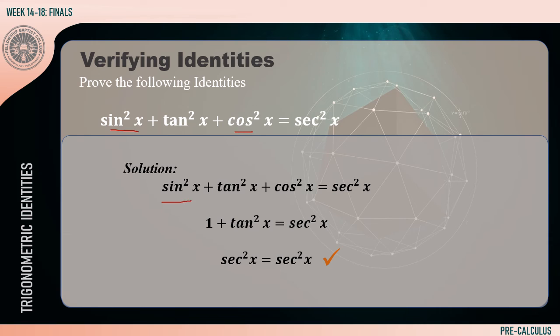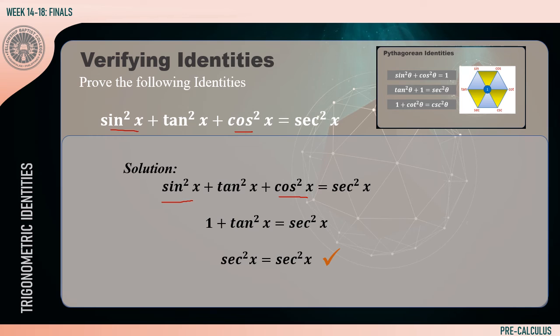We have sine squared x plus cosine squared x. Sine squared plus cosine squared is equal to 1. Then copy na plus tangent squared x. Then copy ang secant squared x.